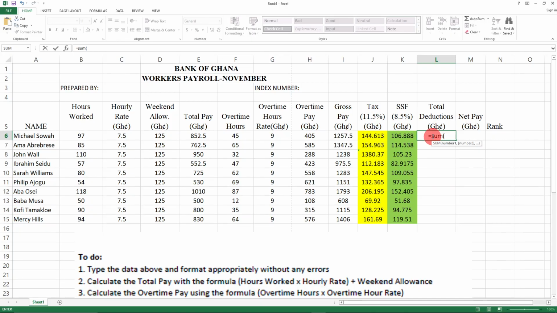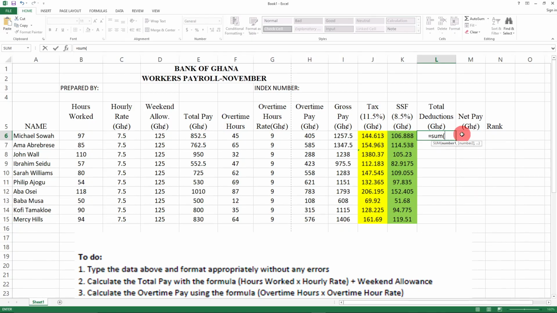J6 for Michael. Or you can do it like 144.613 plus 106.888. But you are at a tertiary level. These things should be easy for you to understand.